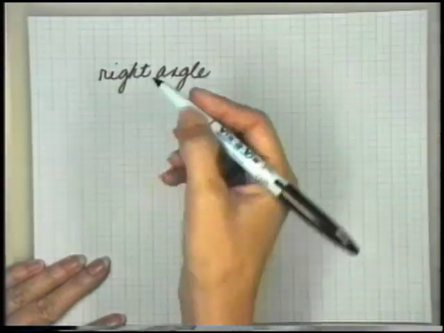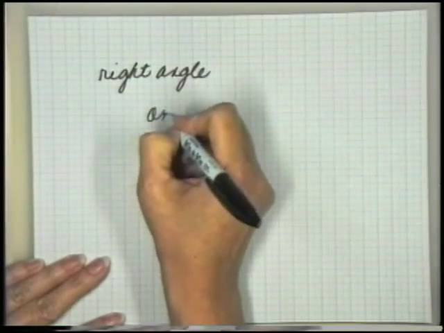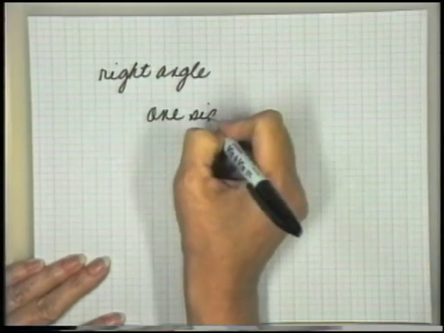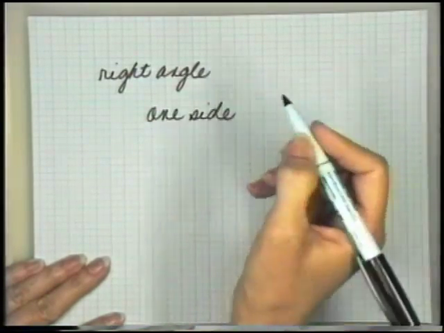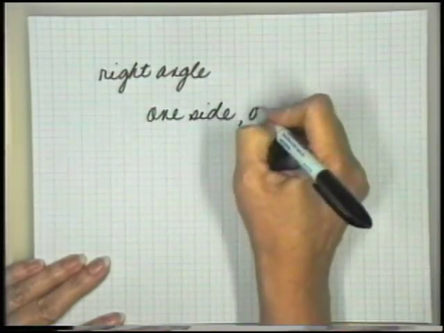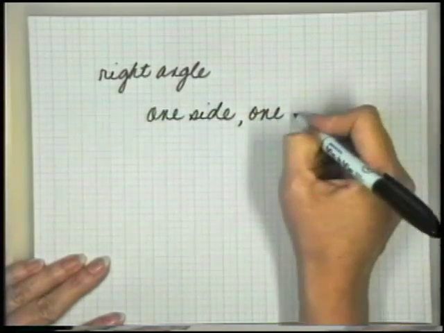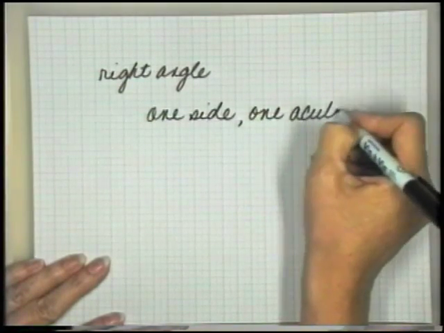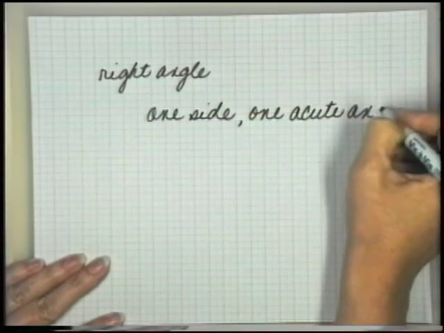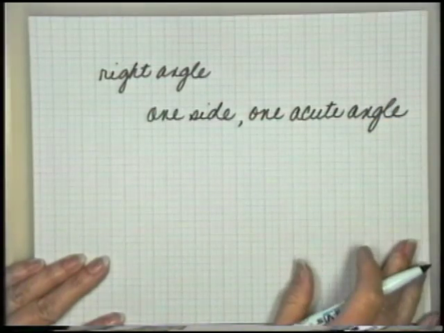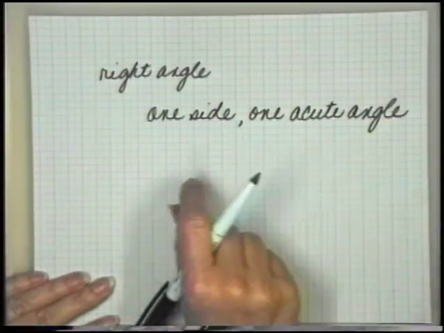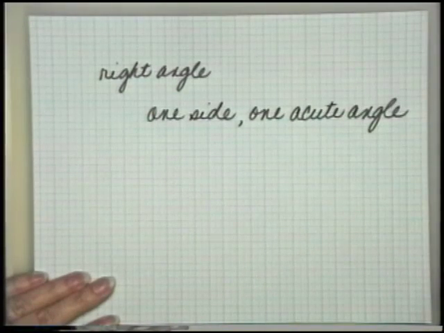In addition to knowing the right angle, sometimes you are given one side, and it doesn't matter which side of the triangle, and one of the other angles, which of course is an acute angle, because we know a right triangle has two acute angles and one right angle.